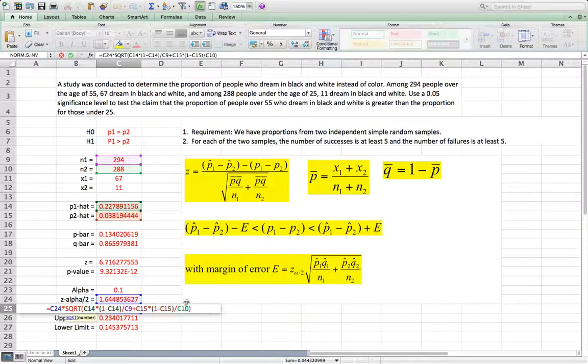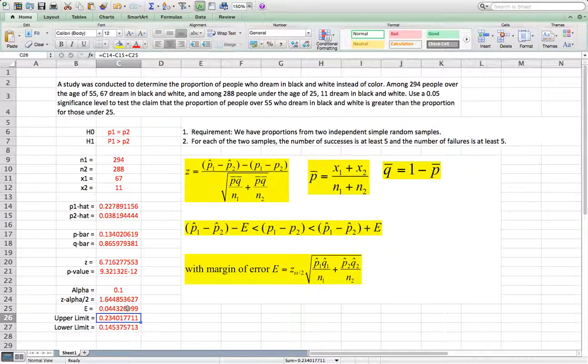This value will be P1 hat, which is in C14, then Q1 hat is 1 minus P1 hat, divided by N1, which is in C9. Then the same thing for P2 hat, which is C15, multiplied by Q2 hat, which is 1 minus C15, divided by N2, which is C10.